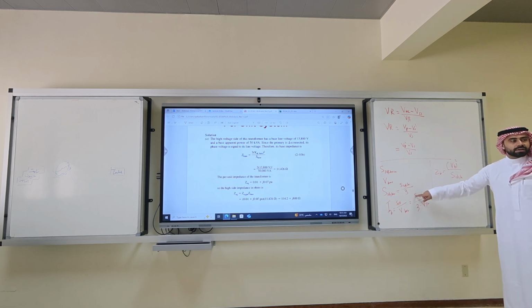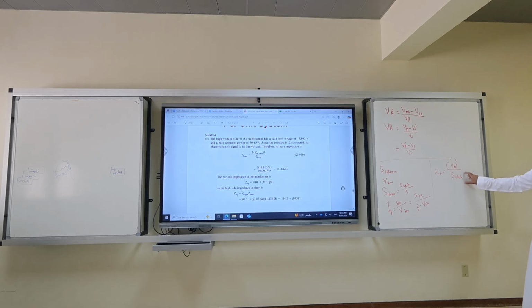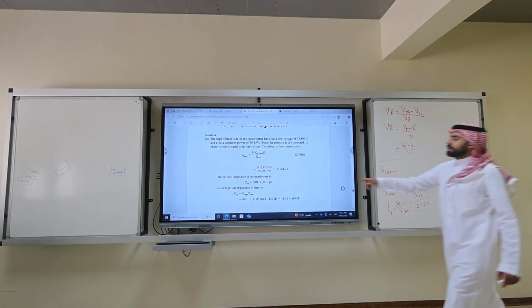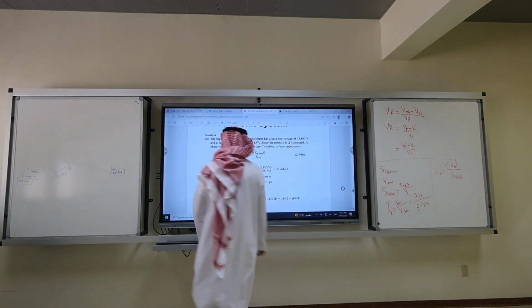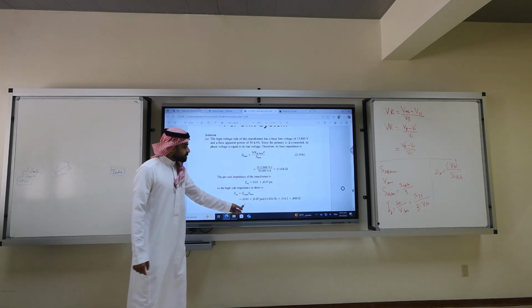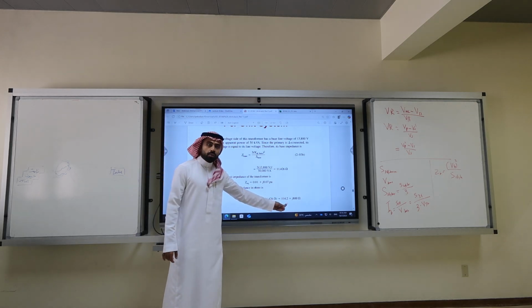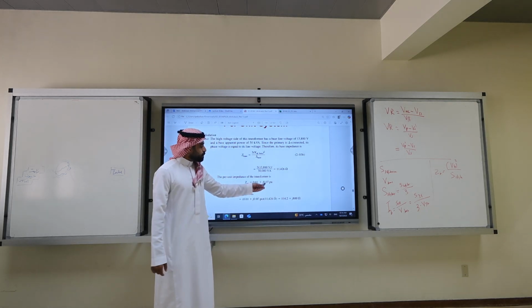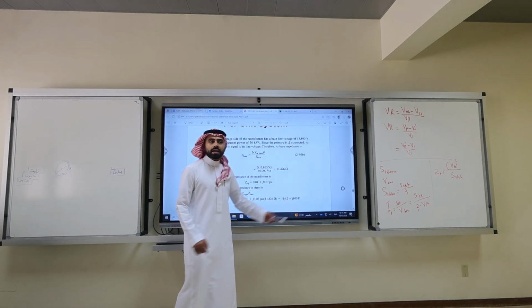If you replace it with S 3 phase, it will be S 3 phase divided by 3. So it will be 11,000 ohms. For 1%, it's 114 ohm. For 7%, you get what? 800 ohm.